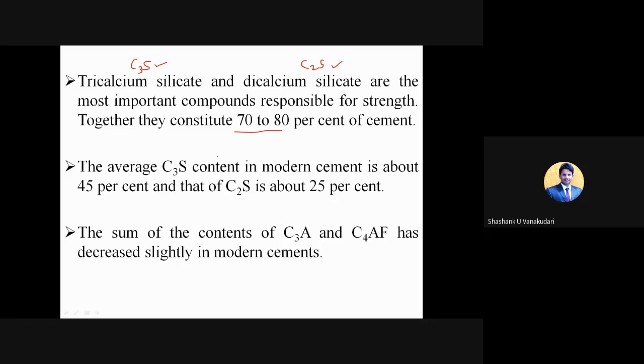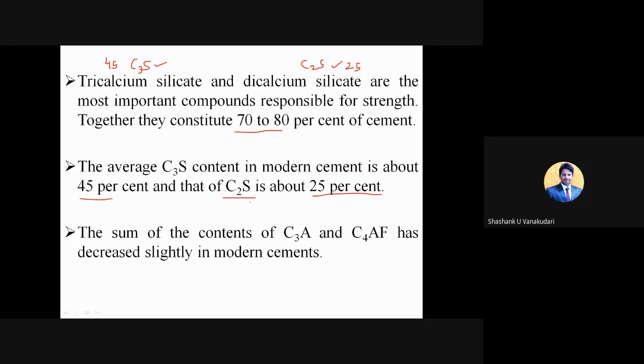The average C3S, that is tricalcium silicate, content in modern cement is about 45%, and that of C2S is about 25%. So 45% belongs to C3S and 25% belongs to C2S. So on an average around 70% of cement is made up of tricalcium silicate and dicalcium silicate.